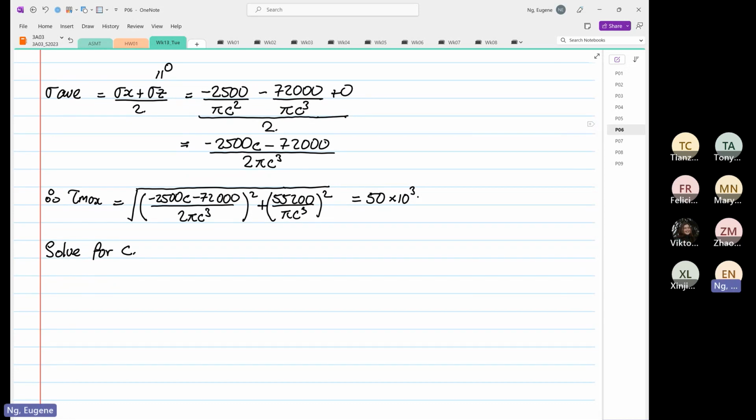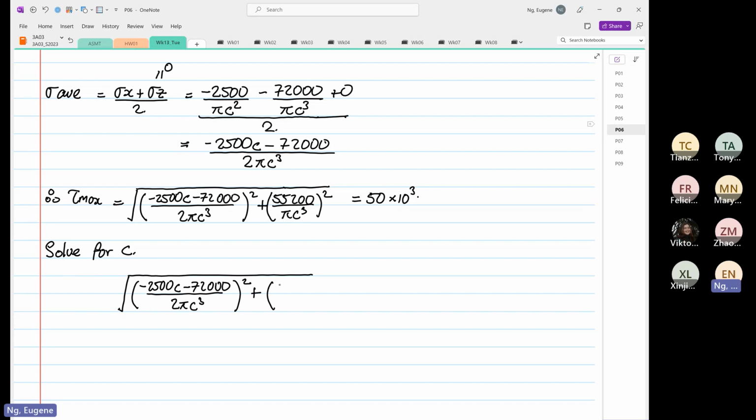So I'm going to have a common denominator for the square root term to make our calculation easier later on. So minus 2500 C minus 72,123 over 2 pi C cubed, and then squared, plus, I'm going to multiply by 2 and divide by 2 also.